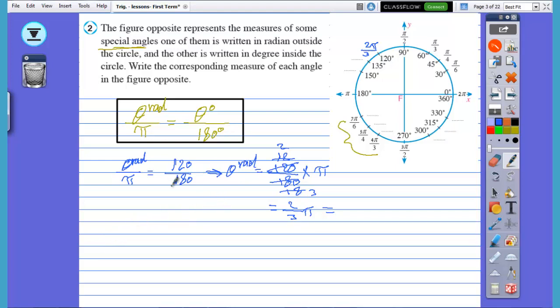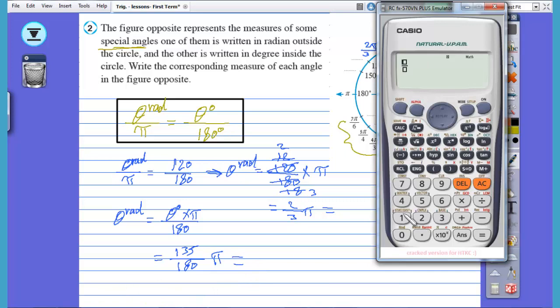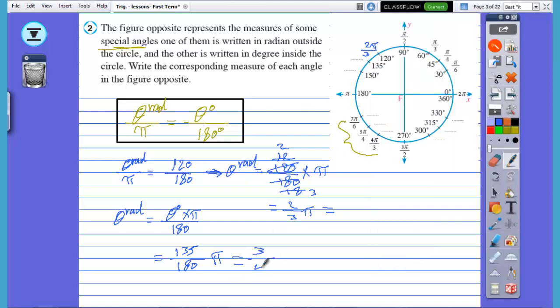Again we have the same rule, theta radian over pi equals 135 over 180, and you can simplify this fraction. The result here is 3 over 4 pi.